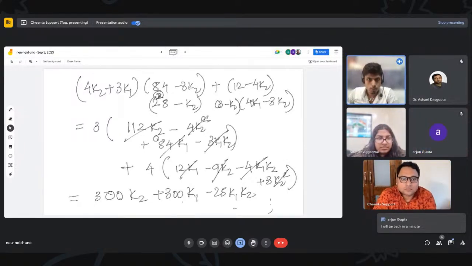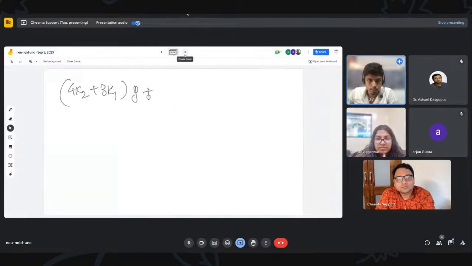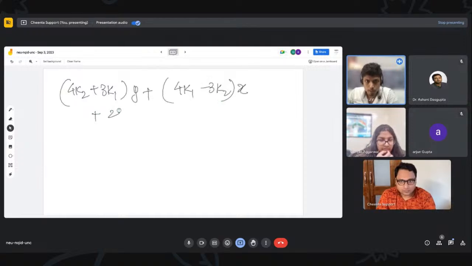So the equation is, I will go to the 18th page: (4k2 plus 3k1) into y plus (4k1 minus 3k2) into x plus 25 k1 k2 minus 300 k1 minus 300 k2 equal to 0.